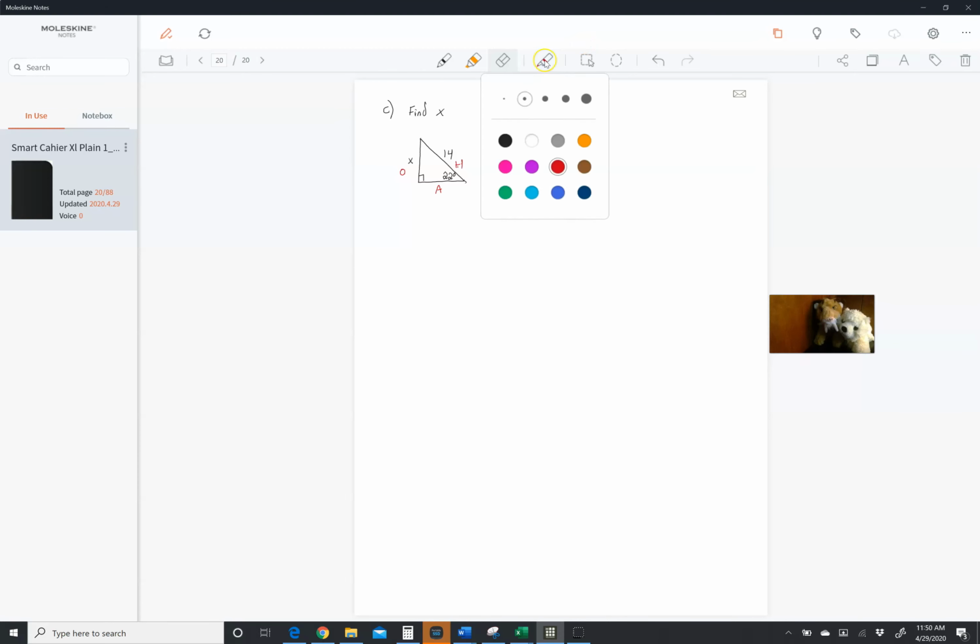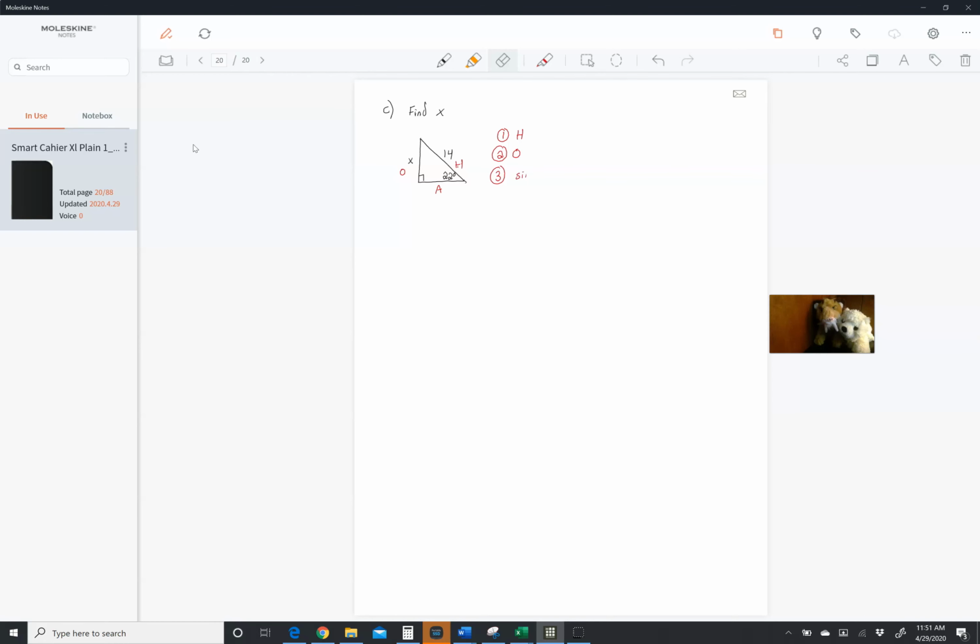Now we're going to answer our 3 questions. The first question is, what do we know? We know the hypotenuse. What are we trying to find? We're trying to find the opposite. And which trig function are we talking about?